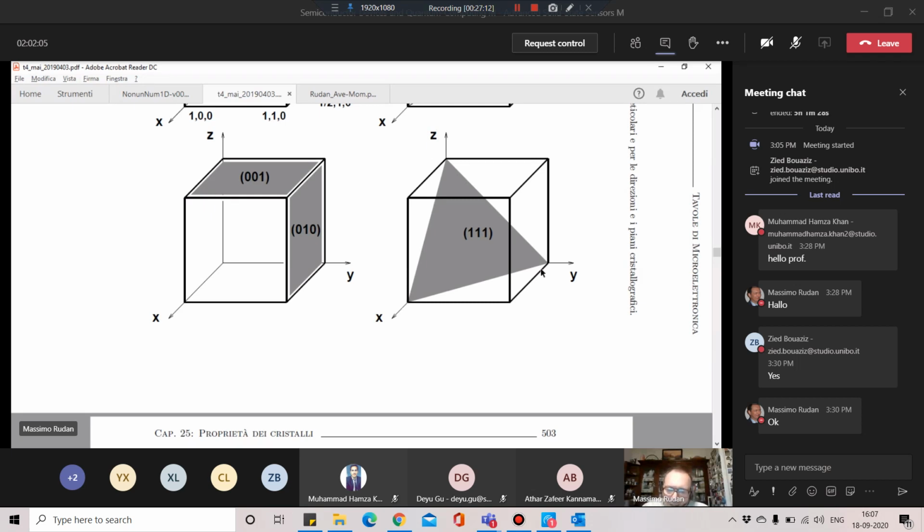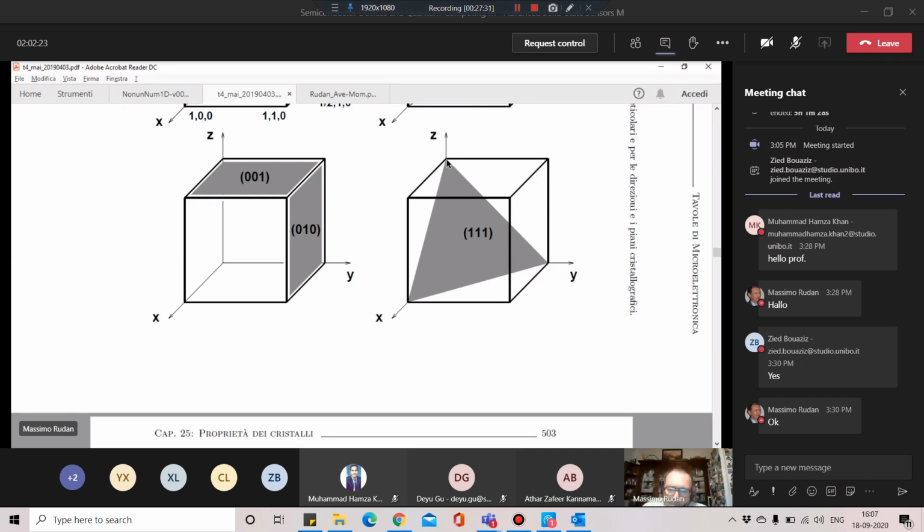At the same time, it intersects the y-axis at the distance equal to 1 with respect to the origin, and the same in the z direction, okay?